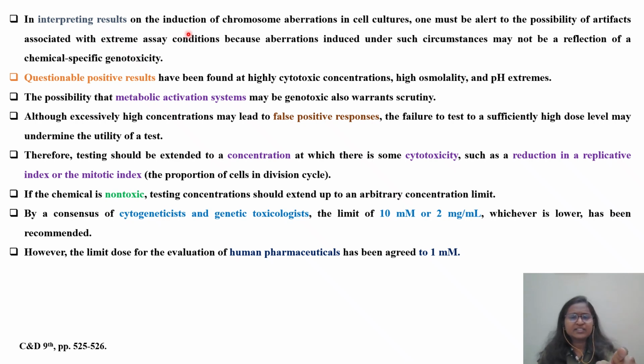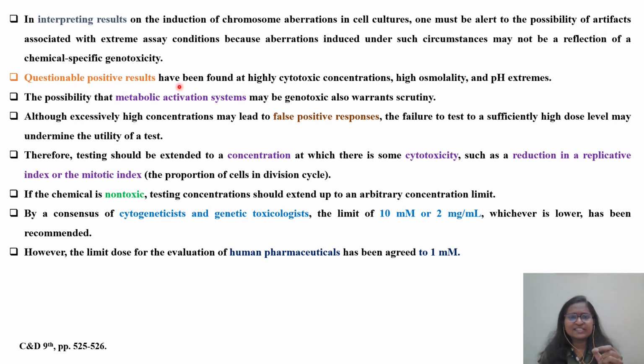In interpreting the results on the induction of chromosomal aberrations in cell culture, one must be alert to the possibility of artifacts associated with extreme assay conditions, because aberrations induced under such circumstances may not be a reflection of chemical-specific genotoxicity. We need to have a clear picture whether it is because of the test item or because of some physical artifacts or circumstances.